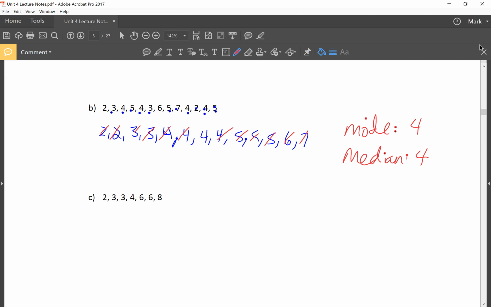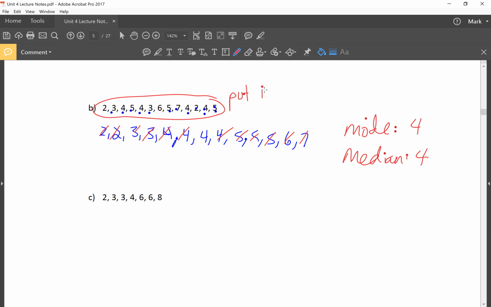All right, is that what you guys got? 4 and 4? I thought I saw some 6s in there, but that might have been for something else. A lot of people for question B said that the median was 6. Remember, guys, the number set has to be in order.